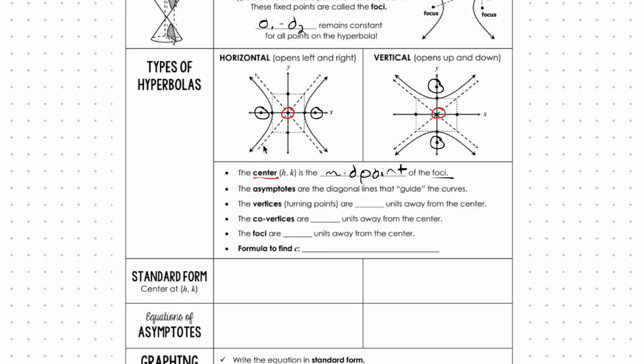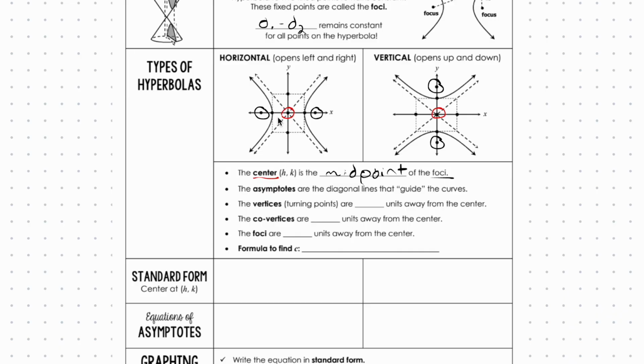We're going to graph this in such a way that the curve approaches those diagonals but never actually touches them. It's almost like a limit. It keeps getting closer and closer, but it's not actually going to touch it. That's the definition of an asymptote, and so these diagonal lines are going to be our asymptotes.